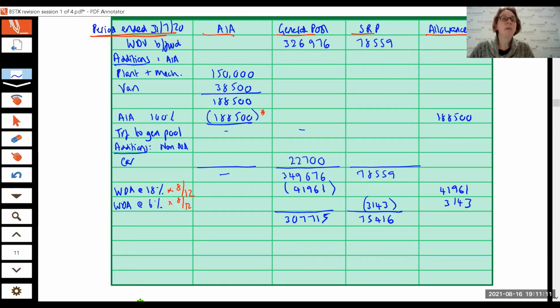No, Taryn. The only time that we do that adjustment, which is where we claim the full amount in the pool column, then we restrict it when we take it over to allowances, is where we have private use. That's the only time that we would make an adjustment like that. And there is no private use here because it's a company. But I think you're thinking about how we deal with a private use asset.